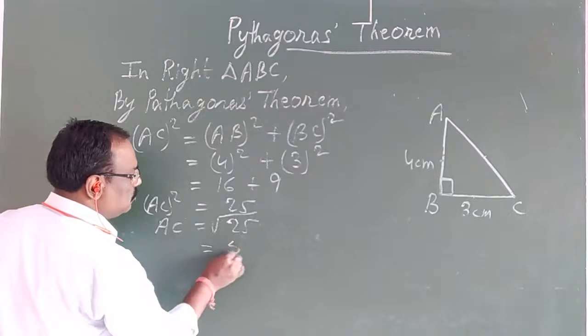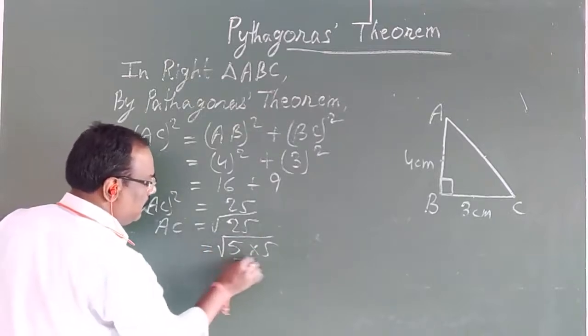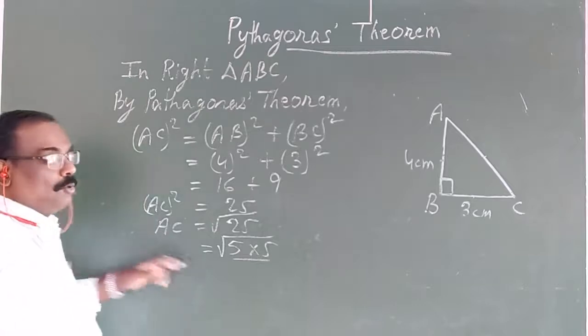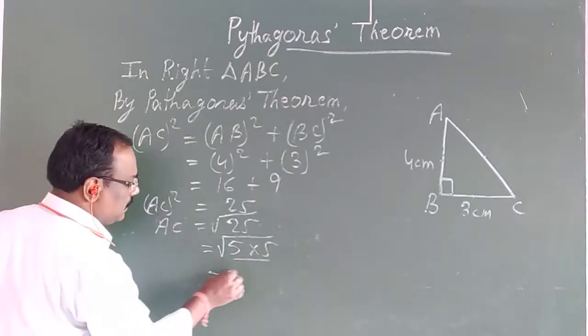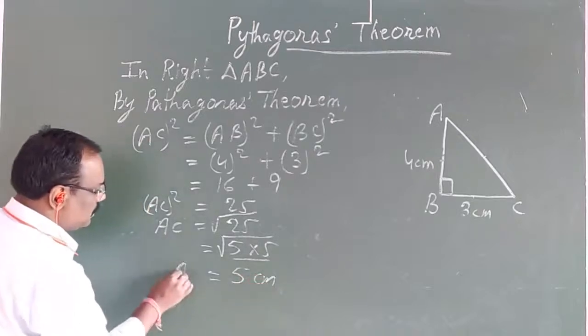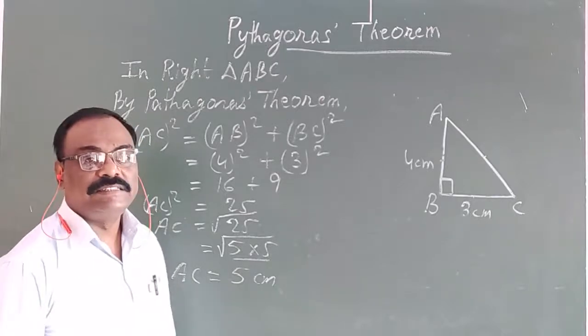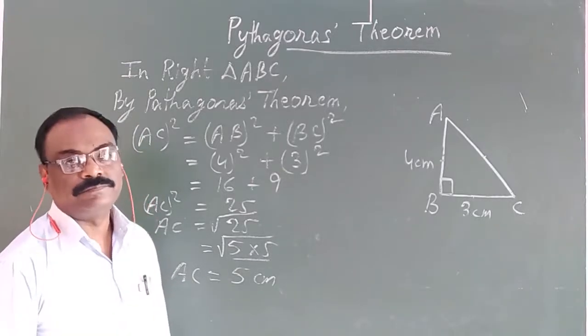When you factorize, you will get root of 5 into 5. Then we make a pair, only one pair is there, so we will write here 5. So we get 5 centimeters. AC is equal to 5 centimeter.